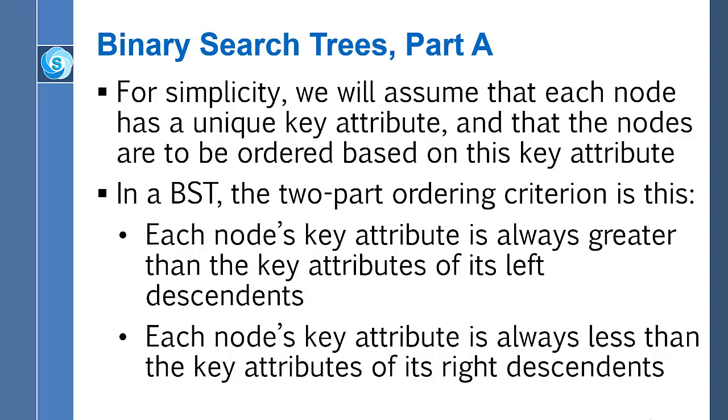And similarly, each node's key attribute has to always be less than the key attributes of all its right descendants. What we should do here is paraphrase these two rules a little bit and basically say this. All of the left descendants of a node must come before that node, and all of the right descendants must come after that node, in terms of the key attribute ordering.